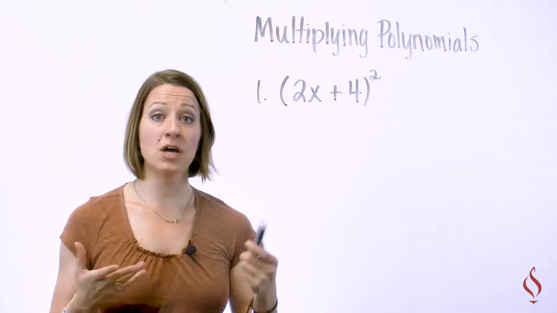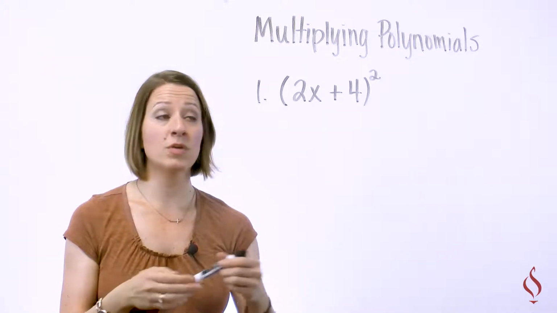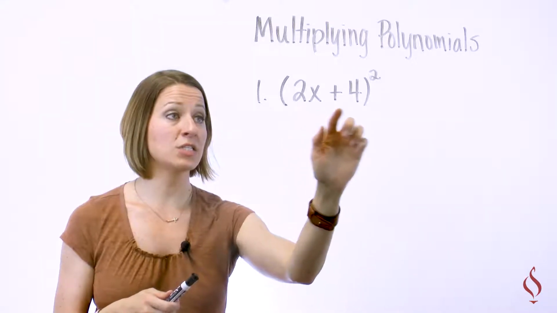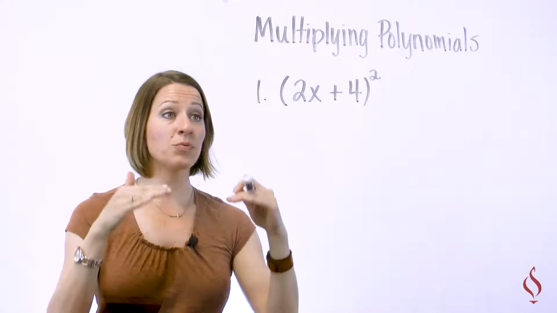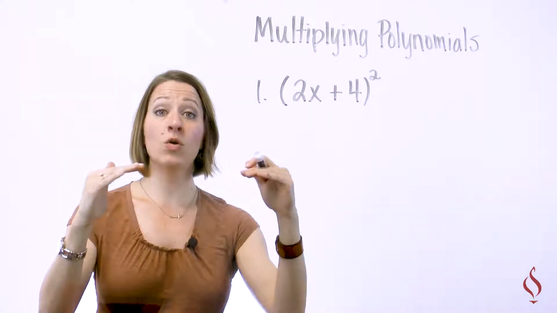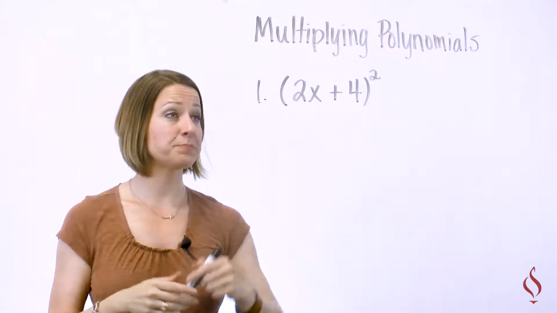So if you see this on a worksheet or in a textbook, you read the inside expression first, 2x plus 4, and then the parentheses, we're going to call that quantity: 2x plus 4 quantity squared.